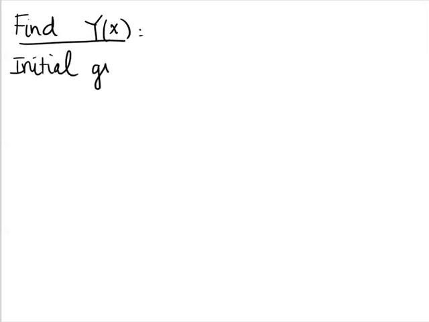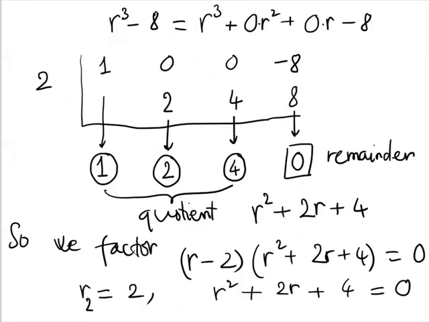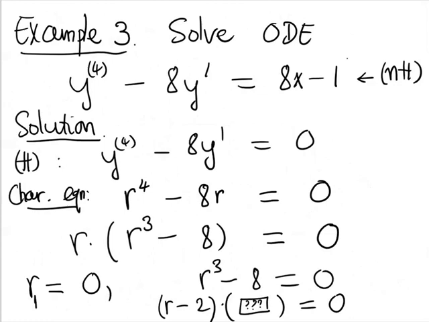Now, we need to find capital Y of x. We have our initial guess. Let's go back. This is g of x. It's a polynomial which contains all the powers of x.